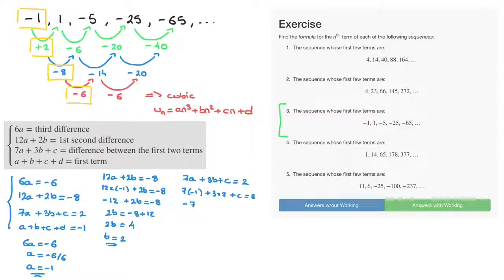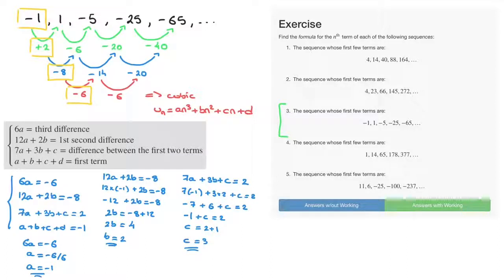That's negative 7 plus 6 plus c equals 2. And negative 7 plus 6 is negative 1. So it turns into negative 1 plus c equals 2. And now adding 1 to both sides leads to c equals 2 plus 1. And finally, c is equal to 3.